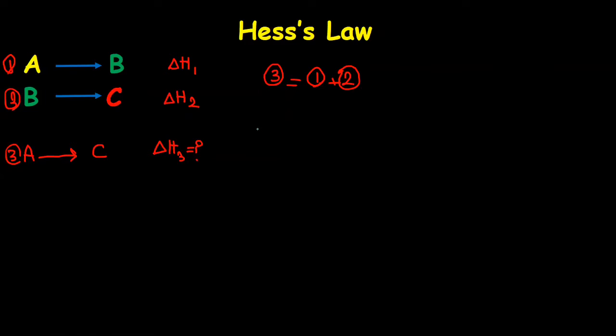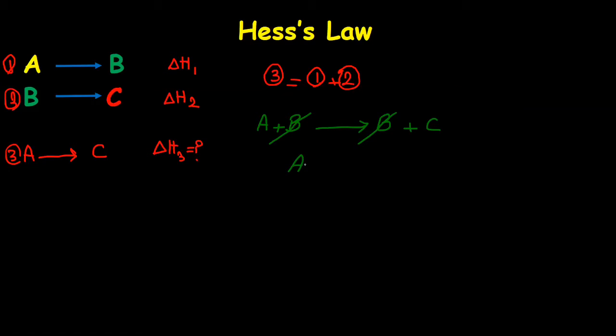So A plus B, they are the reactants, give us B plus C. As you can see, we have B on both sides, so we can cancel these two B together.